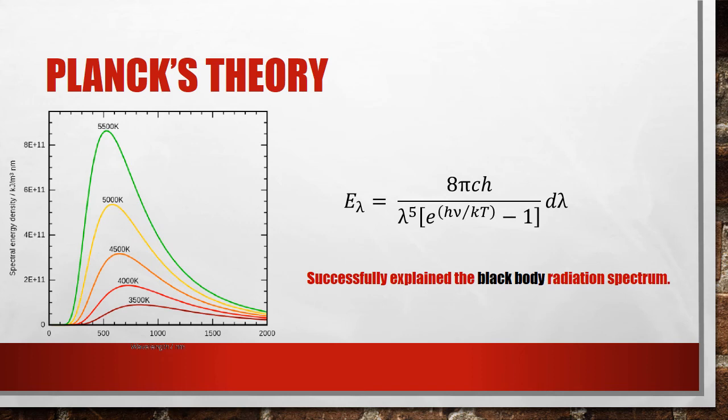It also explained the peaks. It also explained the peak shifting towards the lower wavelength region, that is towards the blue region. It also explains why the spectral energy increases with temperature. So Planck's theory was very successful in explaining all the attributes of black body radiation.